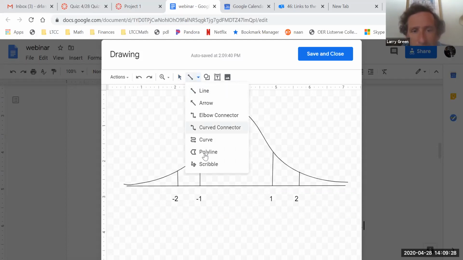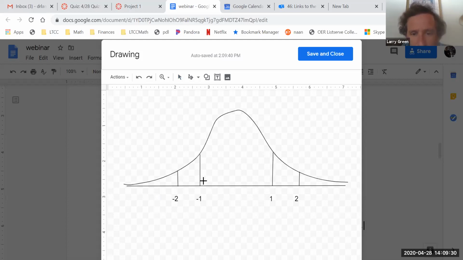And we want the area between -1 and 2. So it's kind of that area there, all that scribble stuff. The problem is we don't have numbers that show exactly that, but we do know between -1 and 1. Between -1 and 1 is how much of the data?